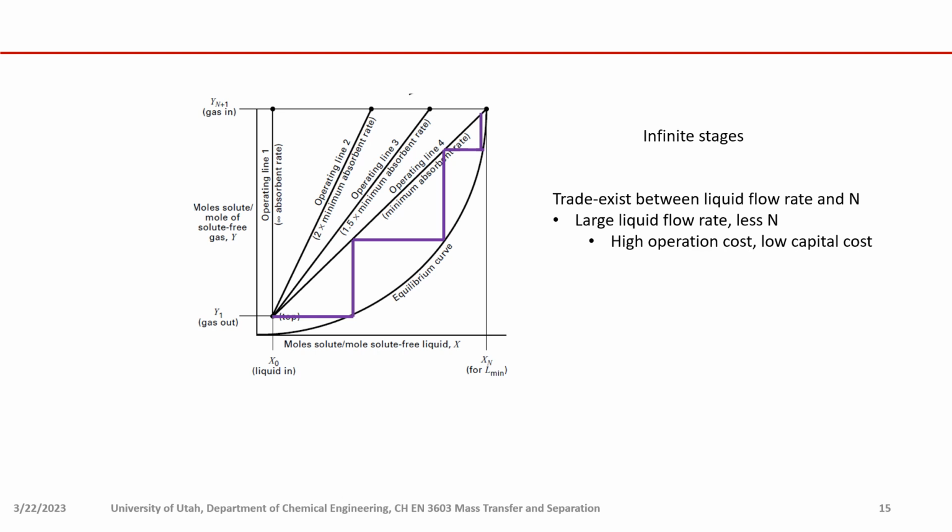If you have a larger liquid flow rate, you need fewer stages to achieve the same separation outcome. In other words, there's a trade-off between operation cost and capital cost, right? If you operate with a larger liquid flow rate, then you have a higher operational cost. But that requires fewer stages. So when you design your absorption tower, it requires less capital cost. Okay.